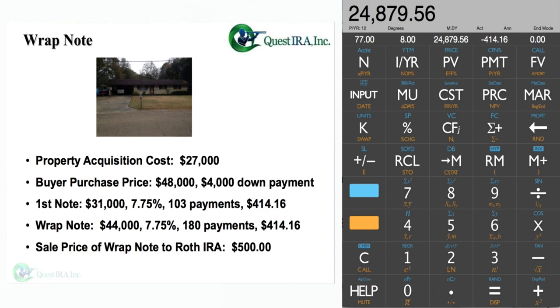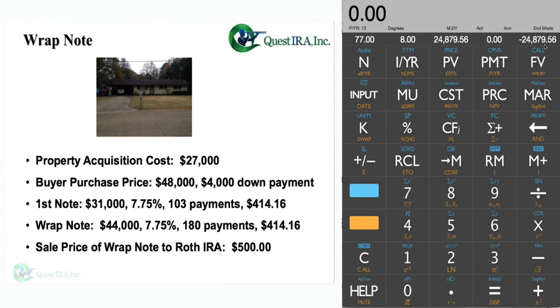But it doesn't start for 104 months, right? So really, we've got to treat this number as if it's a balloon payment for later. So I turn it into a negative number and put it in future value, and take out the monthly payments.